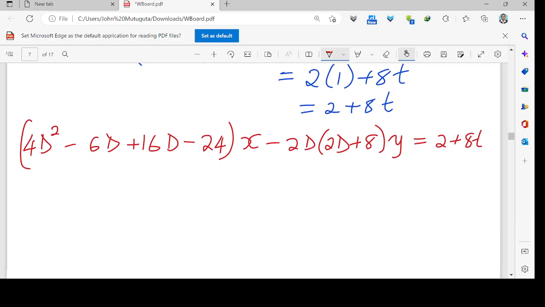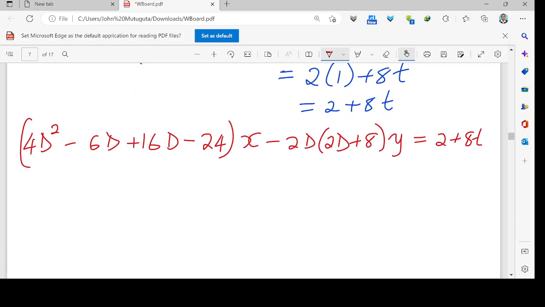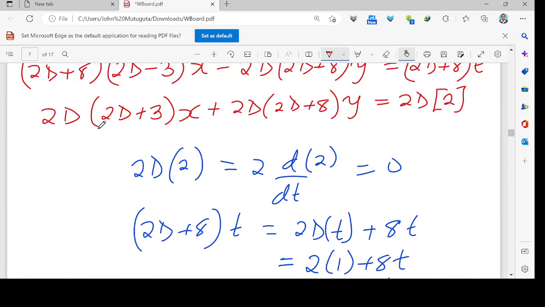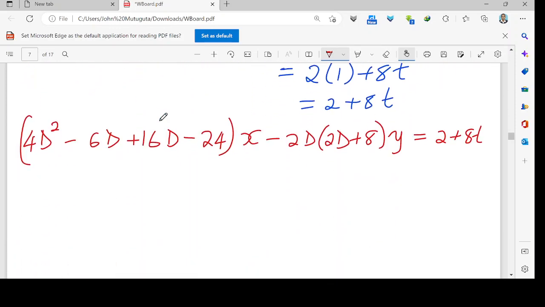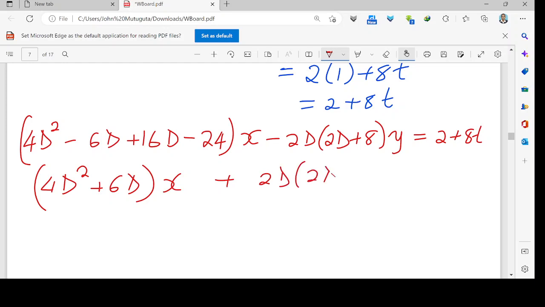That's the first equation. The second equation, if you look at it here, this will be 4d squared. Then 2d times 3 will give us 6d. So we get 4d squared plus 6d operating on x, then plus 2d into 2d plus 8 times y is equal to 0.